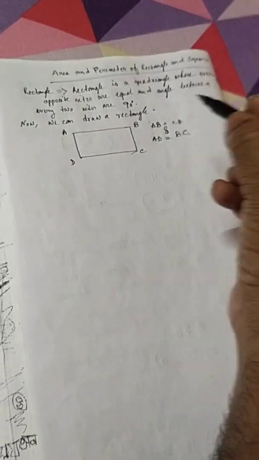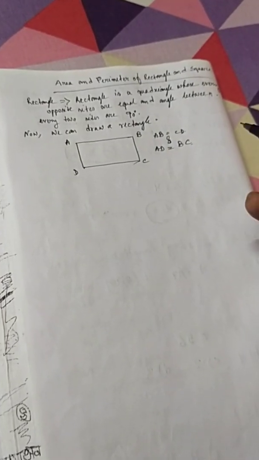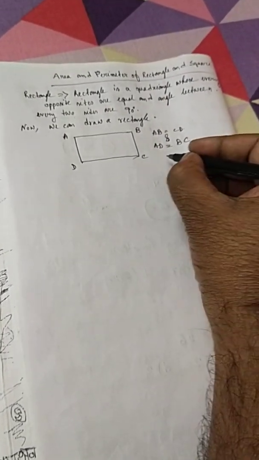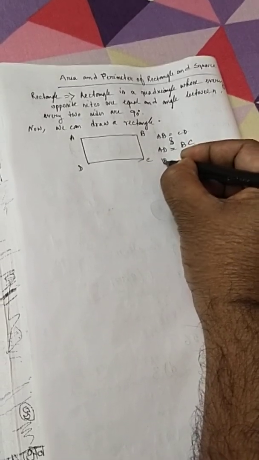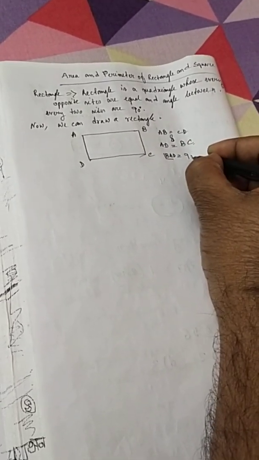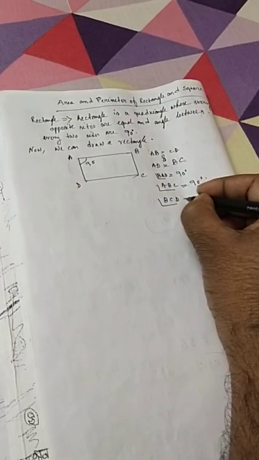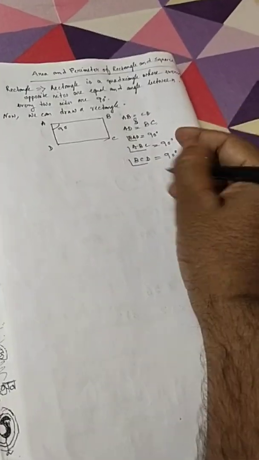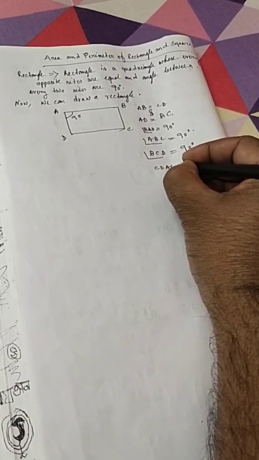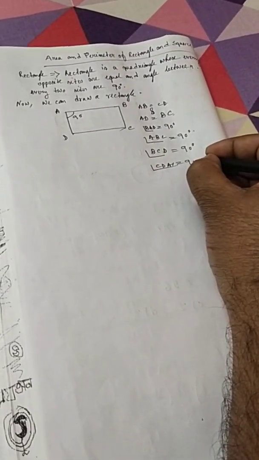Opposite sides are equal and angle between every two consecutive sides is 90 degree, means angle BAD equal to 90 degree. Angle ABC equal to 90 degree. Angle BCD equal to 90 degree. Angle CDA equal to 90 degree.